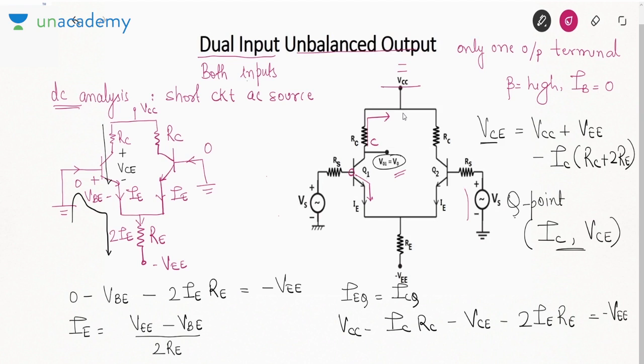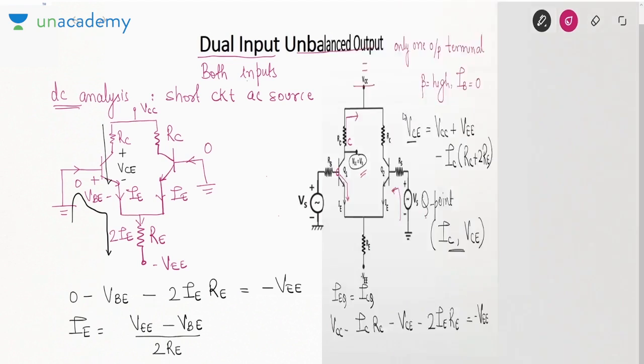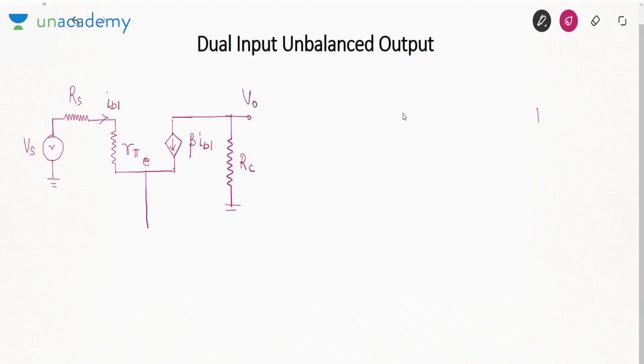Now let us talk about the second transistor. I will start drawing it from the right hand side. First we have Vs here. I told you both inputs must be equal to Vs. Then we have source resistance Rs. We reach the base of the second transistor. Between base and emitter, this is your emitter terminal, we have resistance R pi, and this current is IB2.